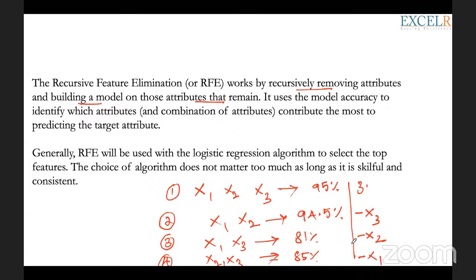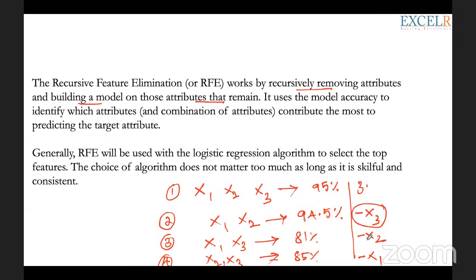So what can we conclude out of this? We have recursively eliminated a variable and computed the accuracies. Without x3, the accuracy is 94.5, which is almost equal to 95%. That means even if you do not include x3, you are still getting the same accuracy, so x3 is not going to be useful in our model.